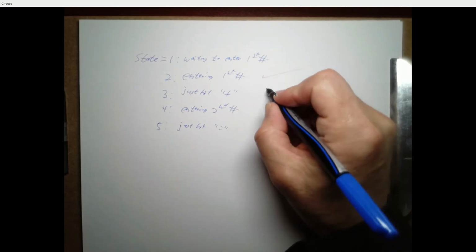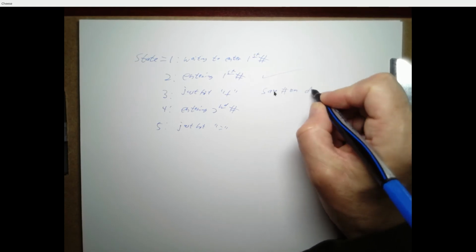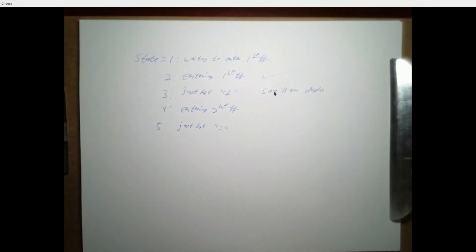So state 3, you want to save the number that's on the display. And if you're in state 3, that's kind of like the initial state. The first time you hit a digit, you want to erase the display and just show that one digit, unless it's 0. Unless, well, even if it is 0.